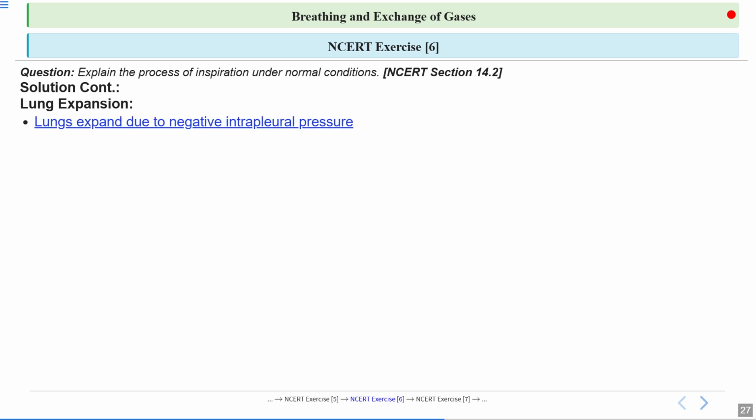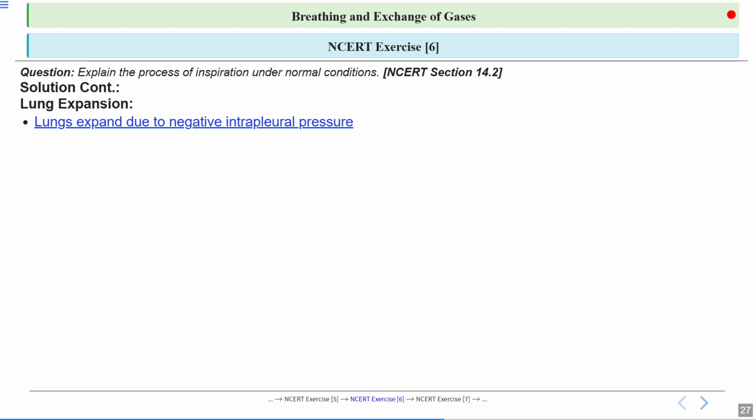Lung expansion. There will be some lung expansion. Lungs expand due to the negative interpleural pressure. You know what pleura is? It is the membrane that covers the whole lungs. You all know that different organs have their membranous protection.